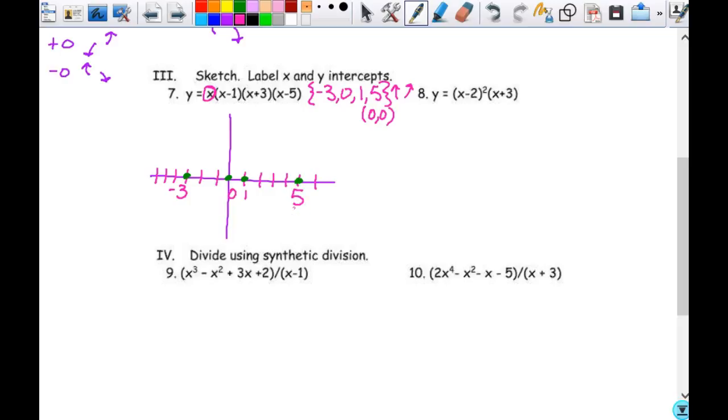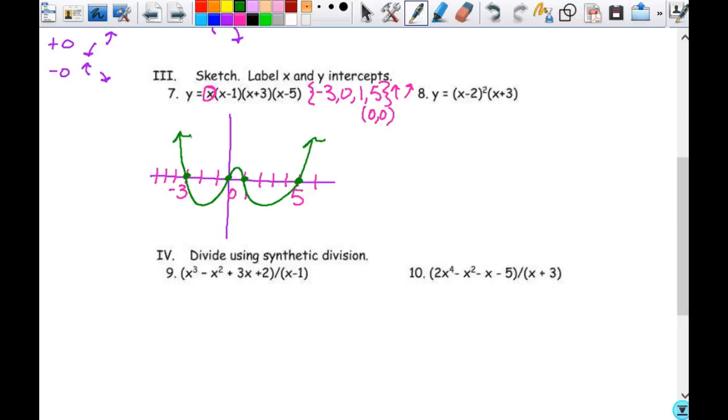Do I have any double roots or points of inflection here? No. Okay, so it's just going to go through my axis each time looking like that when we start. So I start from up here. I don't know how far down it goes, so yours may not look exactly like mine. Go up, down, back up there.